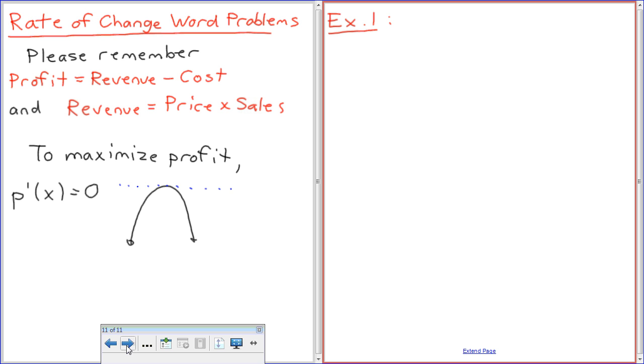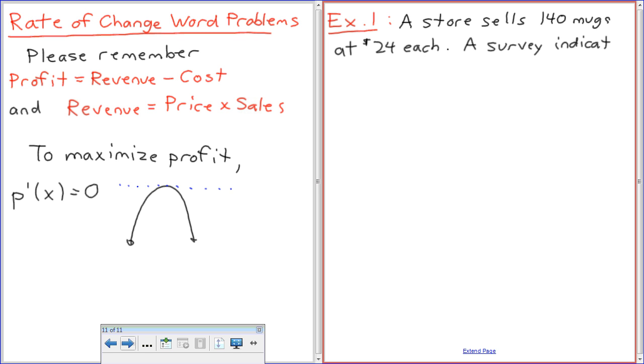Says a store sells 140 mugs at $24 each. A survey indicates that for every $1.50 raise, sales decrease by 5.